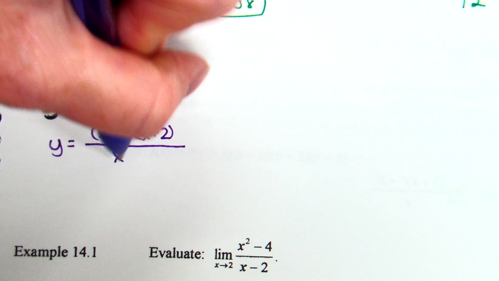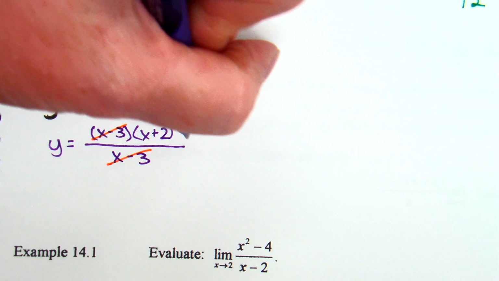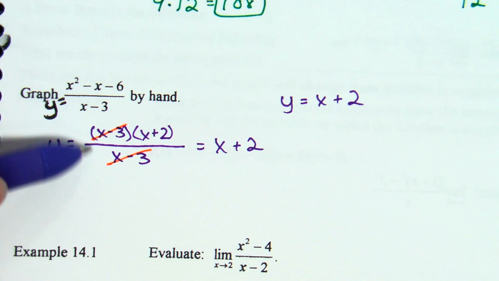We have x minus 3 top and bottom, so those factors cancel, which leaves us with what? X plus 2. Right, so leaves us with y equals x plus 2. You know how to graph y equals x plus 2, yes? What's the catch here, though? Because I can't just randomly cancel these x minus 3s and have nothing happen because of it.